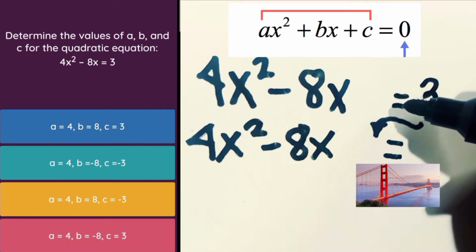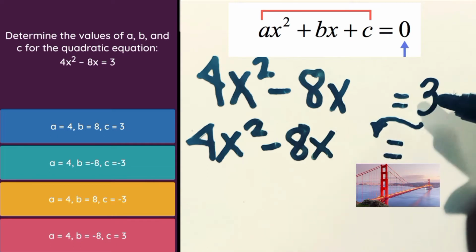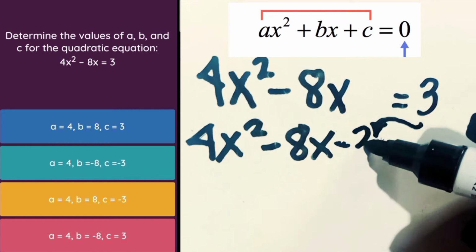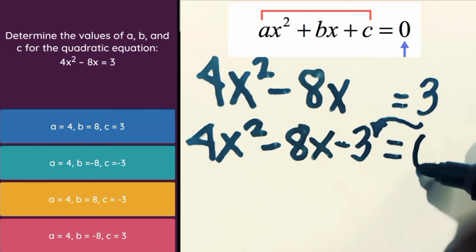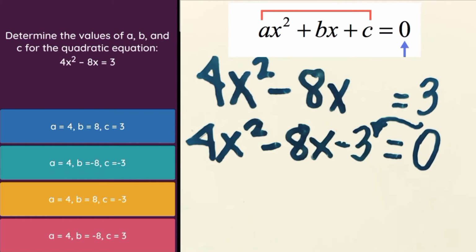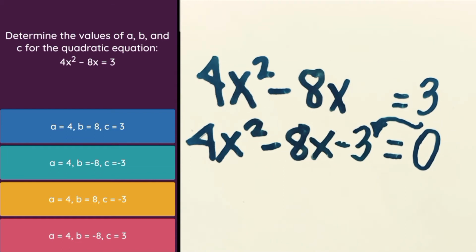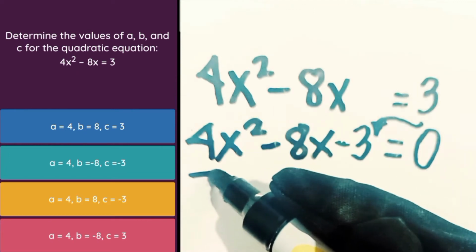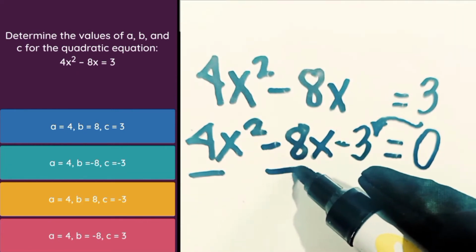Going back to the equation, we have this positive 3, it will pass the equal sign and become negative. Then equate the equation to 0. So we are already in the standard form of the quadratic equation, ax squared plus bx plus c equals 0. We have a which is 4, b which is negative 8, and c which is negative 3.